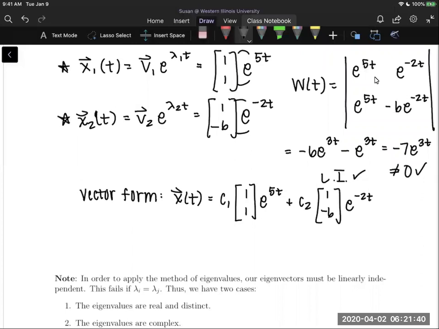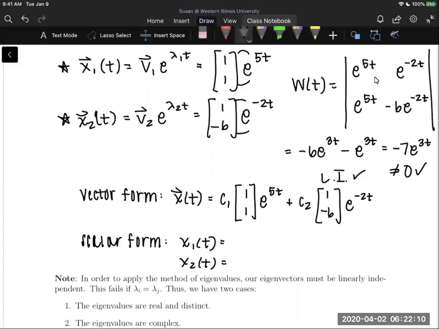Now, sometimes it's beneficial to look at each individual row, so looking at the top row and the bottom row separately. If we want to do that, that's called the scalar form. So for the scalar form, I'm going to write out x1 of t and x2 of t. I am intentionally not putting vector bars on top of those x's because they are no longer vectors, they're scalars, hence the name scalar form.